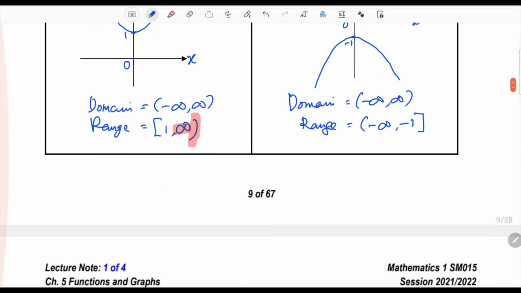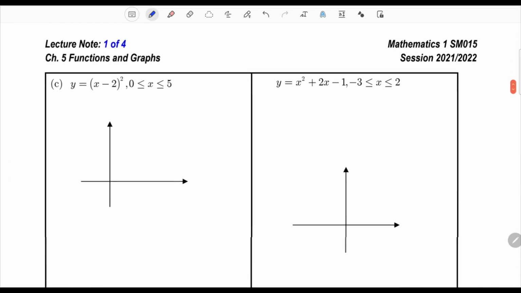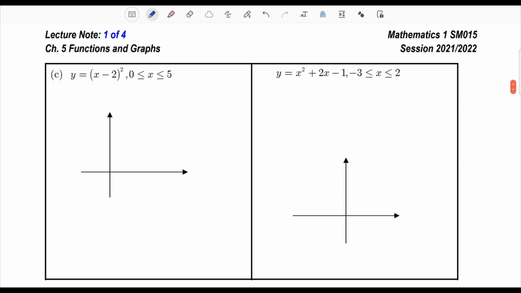Right, let's look at C. You have y equals (x minus 2) squared, but you are given that x is between 0 and 5. When x is 0, y is 4, so somewhere here is your 4.